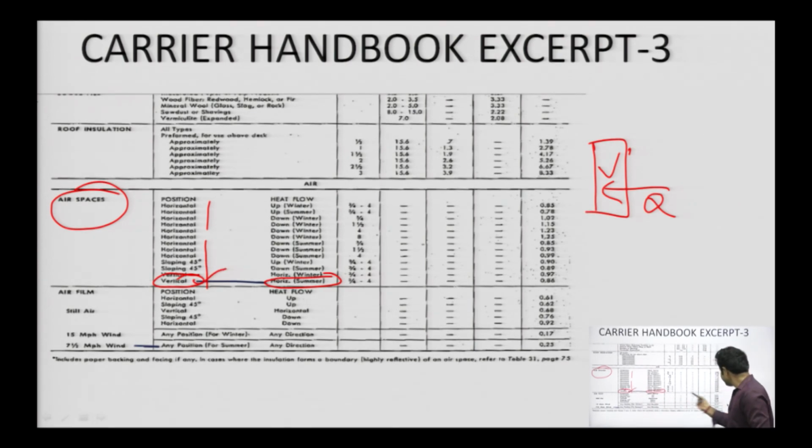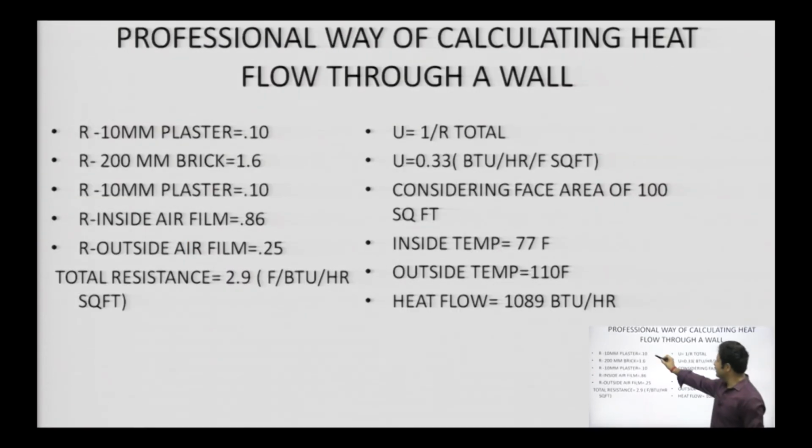With this is the resistance. The thickness doesn't matter, because for air in an open area or a bigger closed area, thickness doesn't matter. And then this is the outside air resistance.